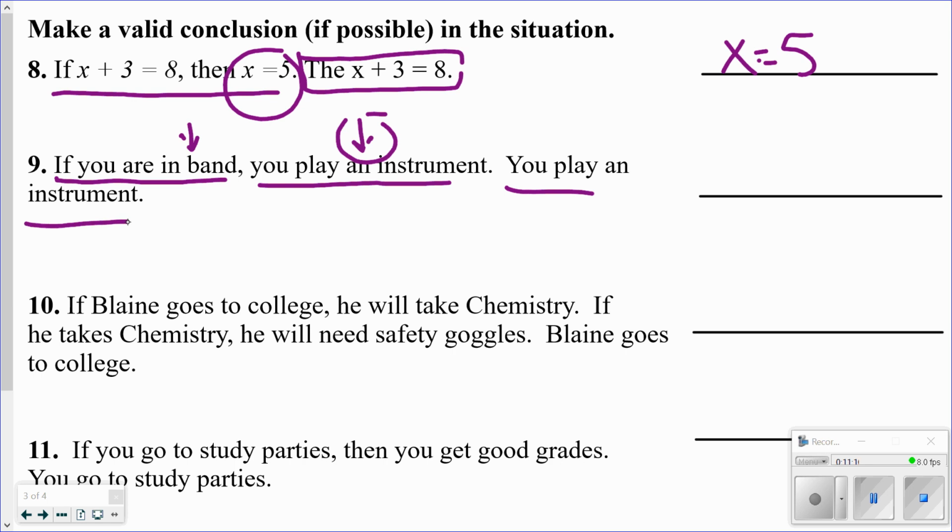We can't conclude anything. So this is invalid. It does not follow the law of detachment or the law of syllogism. If the second statement started with you are in band, we then would be able to conclude you play an instrument. But because that sentence is saying you play an instrument, we don't know what that means. We cannot conclude anything. So the answer there would be invalid.